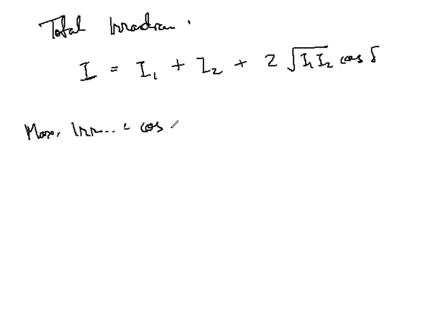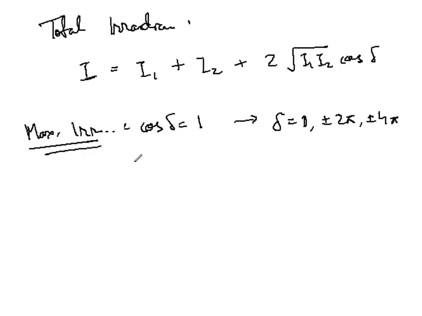This happens when, of course, cos delta is equal to 1, right? And this happens when delta is equal to 0, plus minus 2 pi, plus minus 4 pi, and so on. And here in this case, for this maximum irradiance case, we have I max equal to I1 plus I2 plus twice of square root of I1 into I2, right?